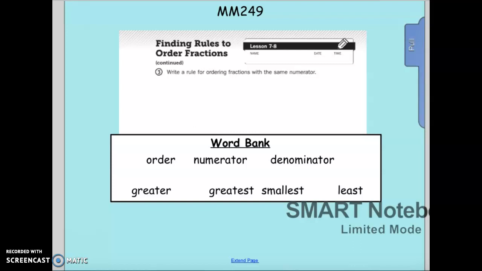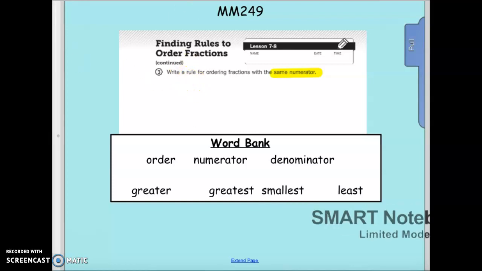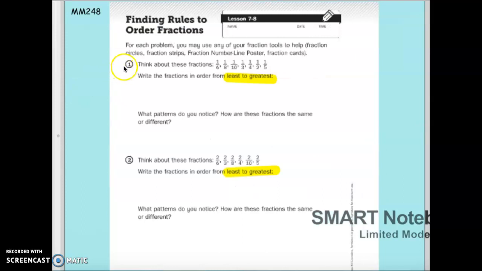Question 3 asks you to write a rule for ordering fractions with the same numerator. Again, write a rule for ordering fractions with the same numerator. You might want to ask yourself, are they asking you to write a rule for question 1, or question 2, or both?